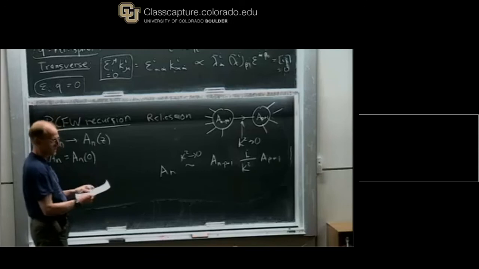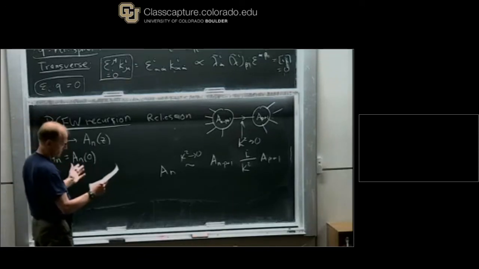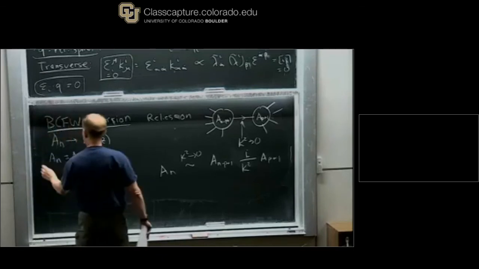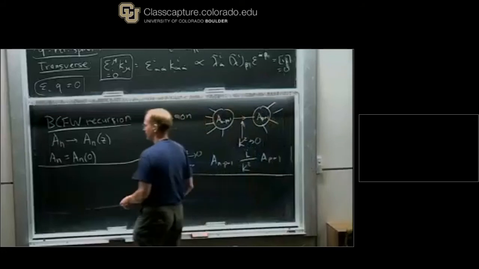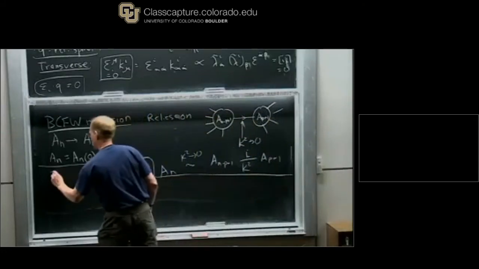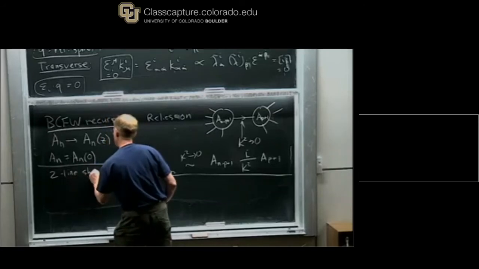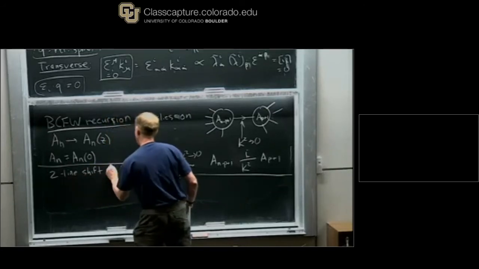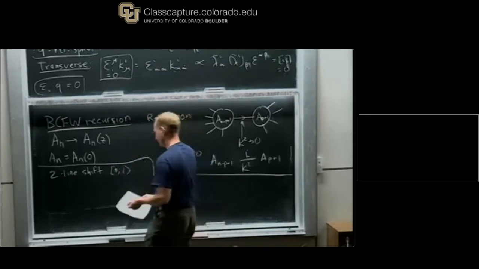There are many different choices, but the easiest one is the one used in the original paper. Let's write that down. It's called the 2-line shift. We could label this N1 for a reason we'll see in a second.